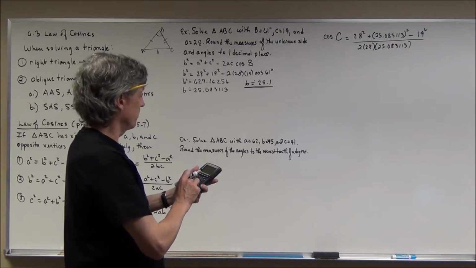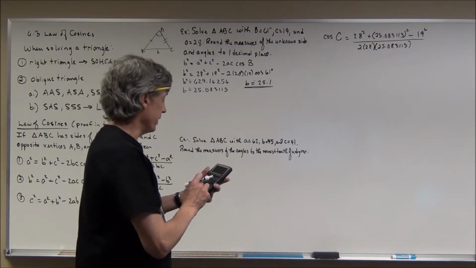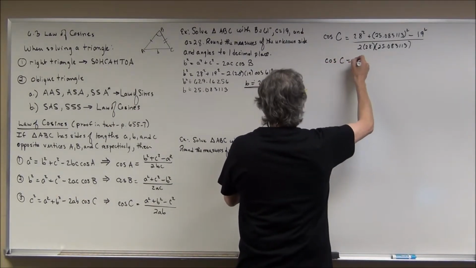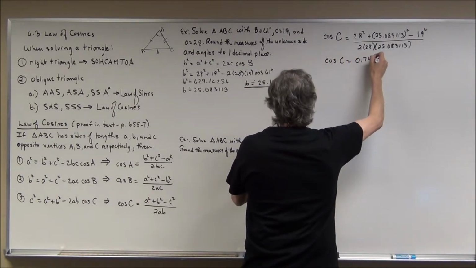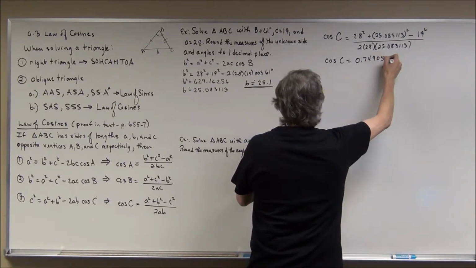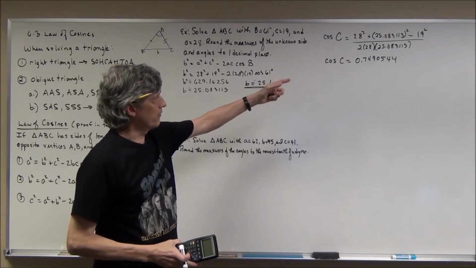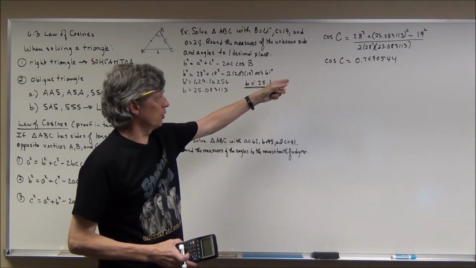I almost messed that one up right there at the end, and I get the cosine of C is equal to 0.74905, and so on.